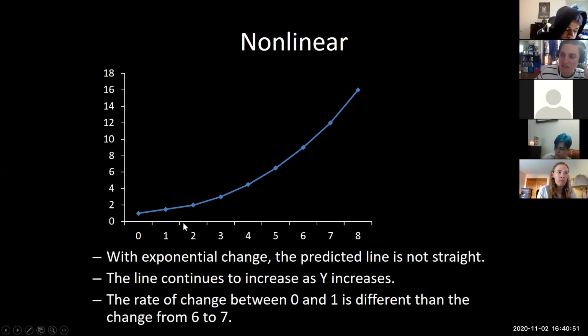So it's going to continue to increase as x increases, meaning the rate of change or the size of the slope is dependent on the value of x where you look. So the relationship of x with y depends on the value of x. The relationship is pretty weak when x is low, and when x is high, that slope is much stronger.